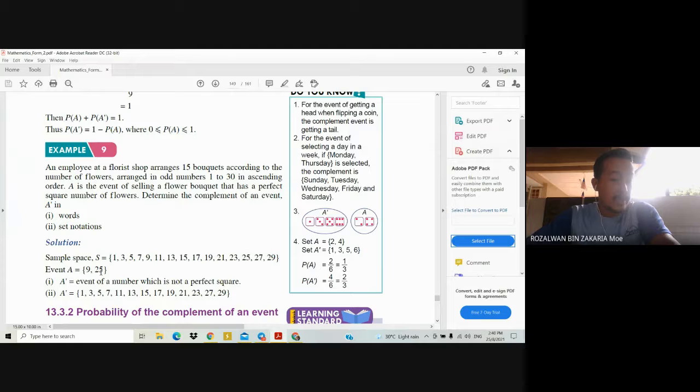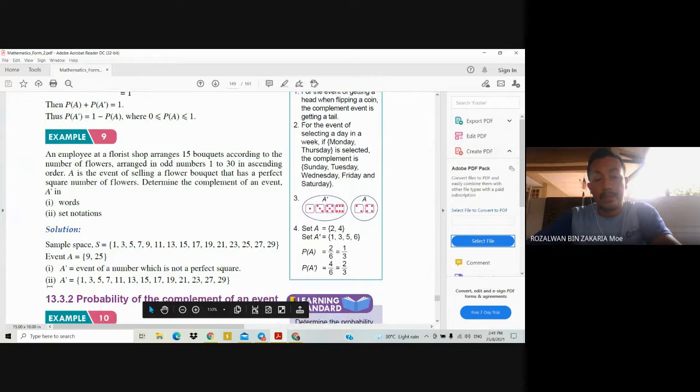You have to list all the numbers in the sample space except 9 and 25. So A prime is equal to the event of a number which is not a perfect square, because 9 and 25 are perfect squares. So that's the answer for question 1.